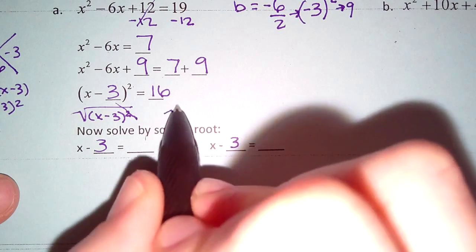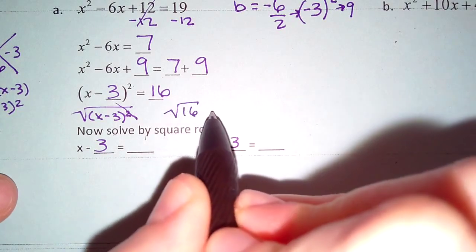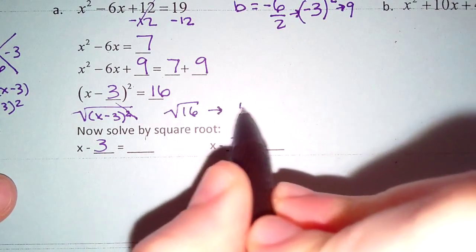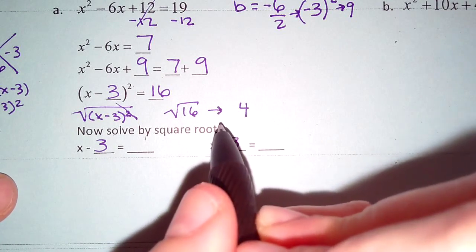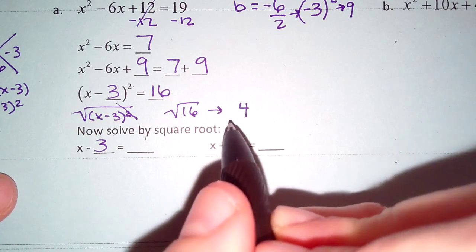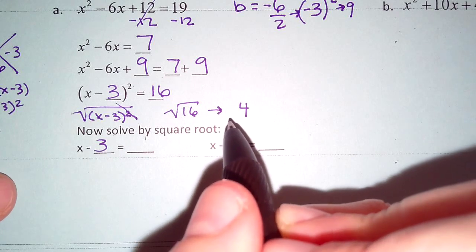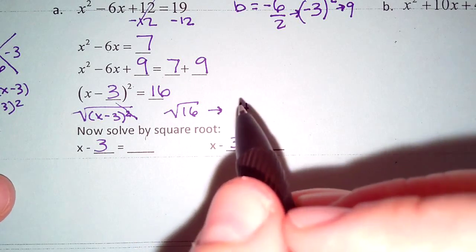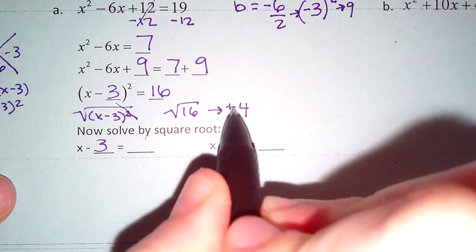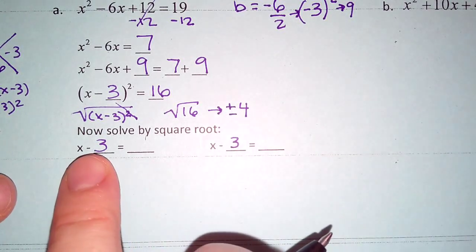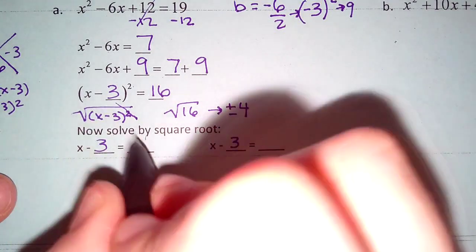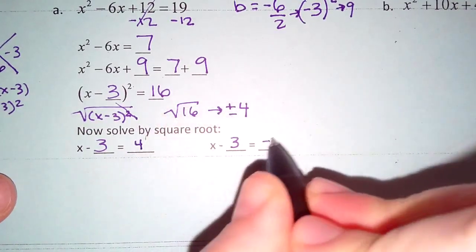What's the square root of 16? 4. So 4 times 4 is 16, correct? Well, negative 4 times negative 4 is also 16. So this could be positive or negative 4. So I'm going to set x minus 3 equals 4 and x minus 3 equals negative 4.